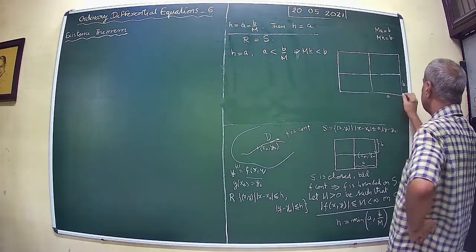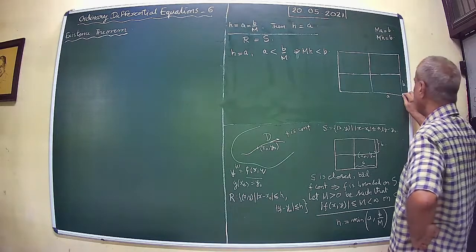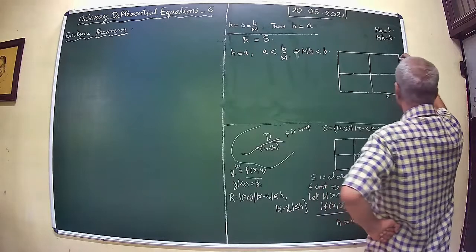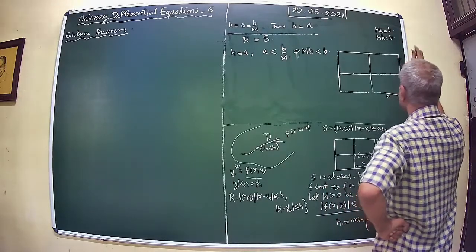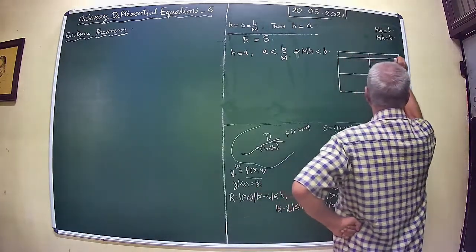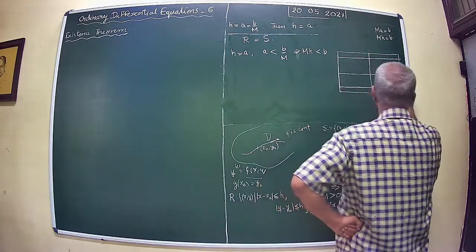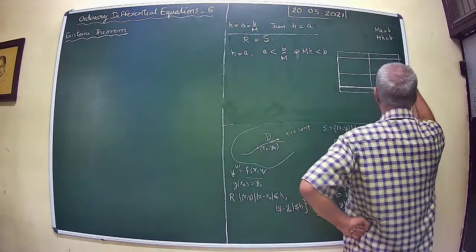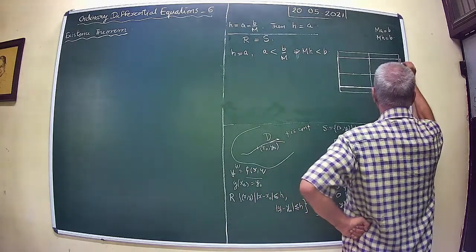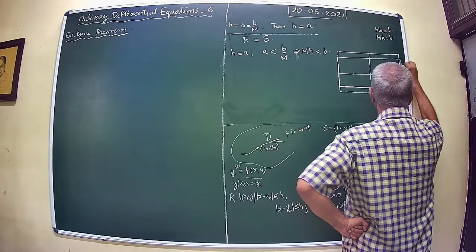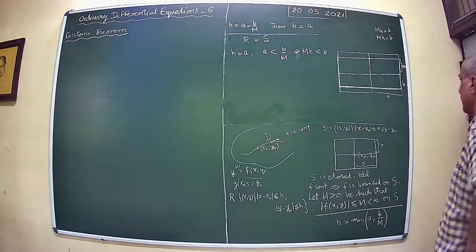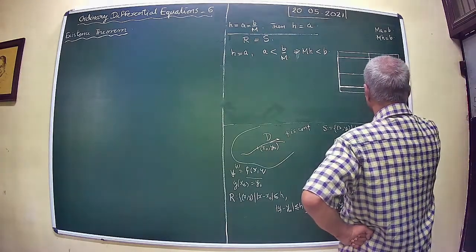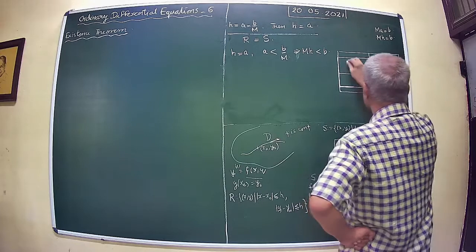Now h is this, and Mh is less than b, therefore it is somewhere here. Therefore what you get is a rectangle of this sort. This is your R, and this is Mh, which is equal to Ma. This is the point x0, y0.